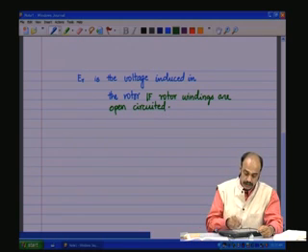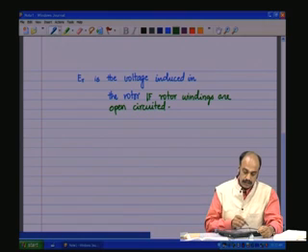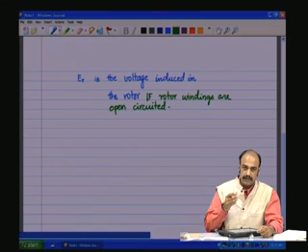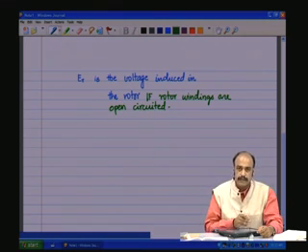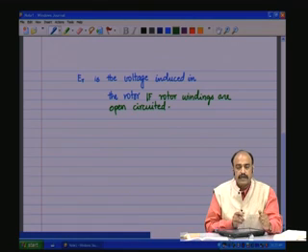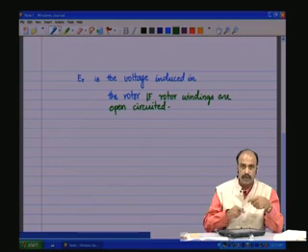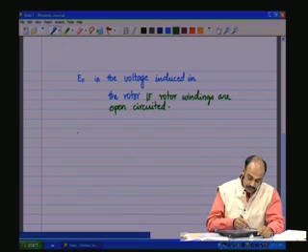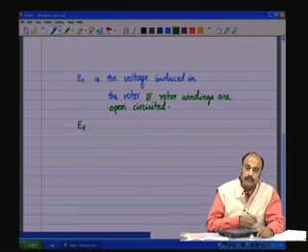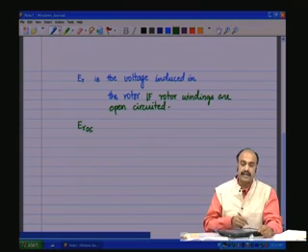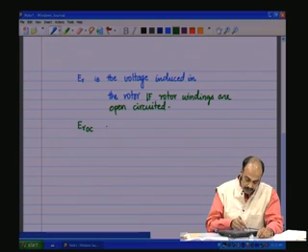That is open circuited. So which means the relative motion between the flux and the rotor conductor is going to induce a voltage. Now there is no current flow because it is open circuited. So you have the rotor voltage under open circuit condition, and this is at standstill.